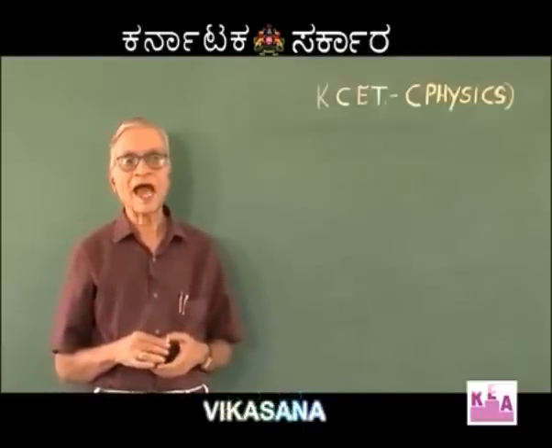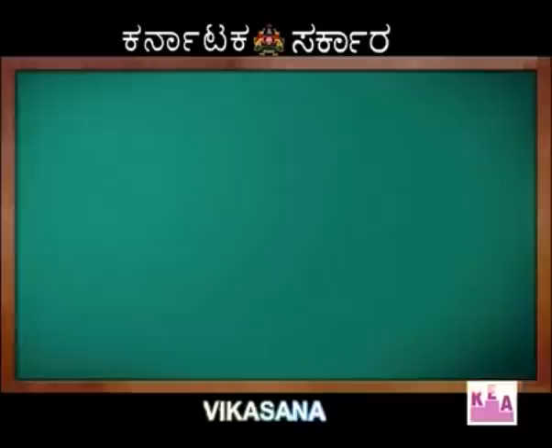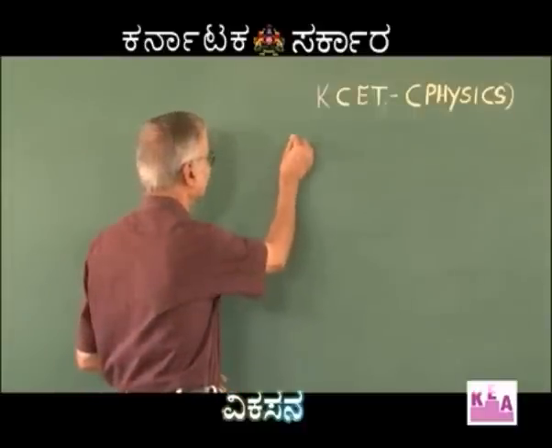Now, I will take one question based on electrostatic energy. Let me now read the question. Three charges, capital Q, plus small q and plus small q, are placed at the vertices of a right-angled isosceles triangle as shown. The net electrostatic energy of the configuration is 0 if capital Q is equal to... For your reference, let me draw the figure again.